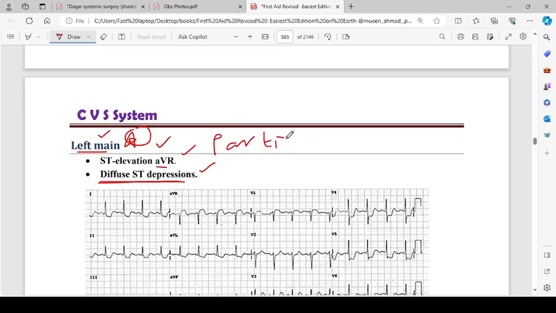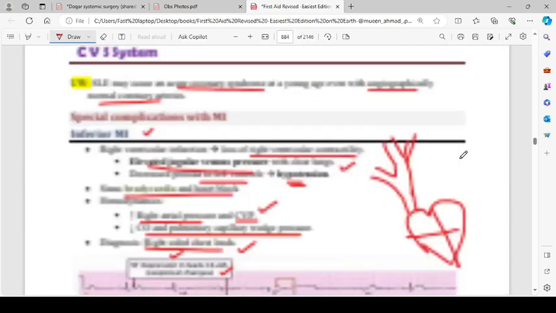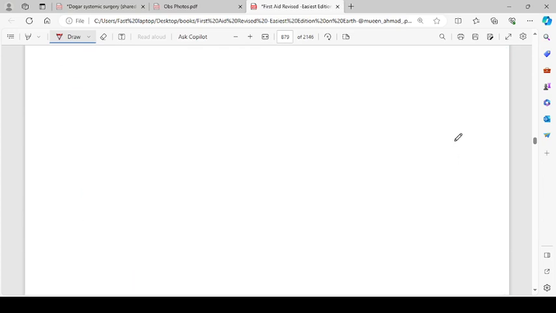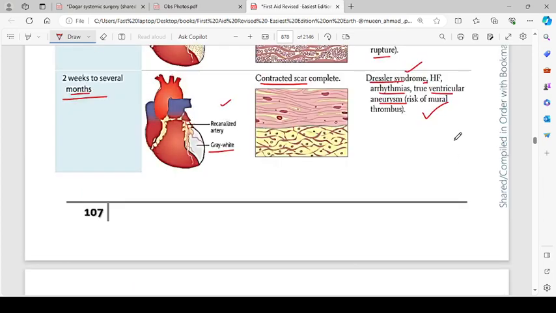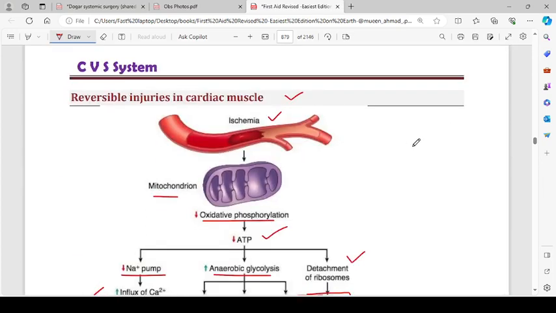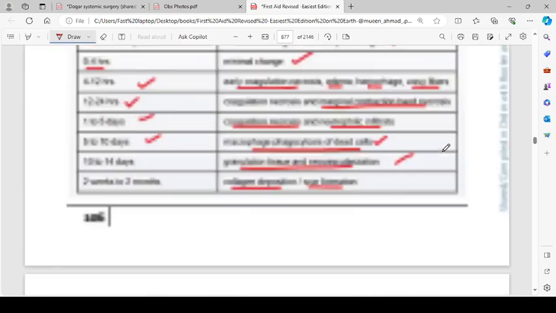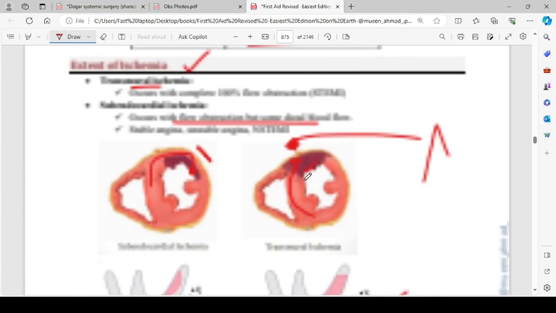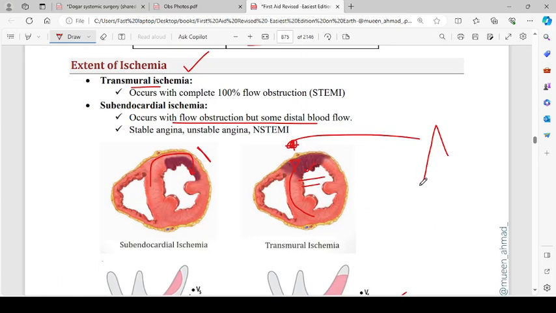Now we have talked about partial occlusions, way back when we were talking about the concept of ST depression and ST elevation. We said that if there is transmural infarction like this one, ST elevation will be there. If it is only subendocardial infarction, ST depression will be there, right?